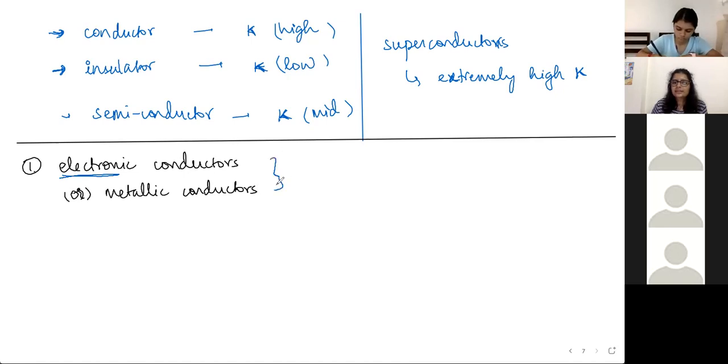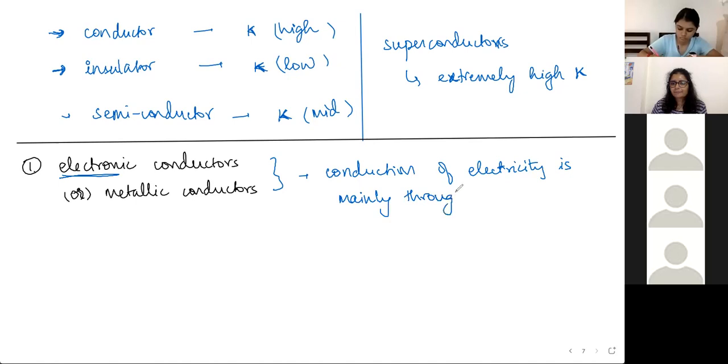In this case, the conduction of electricity, like how the electricity flows, like electrical conduction, is mainly through electrons. So if the flow of electrons is causing current to flow, then that's called an electronic conductor.